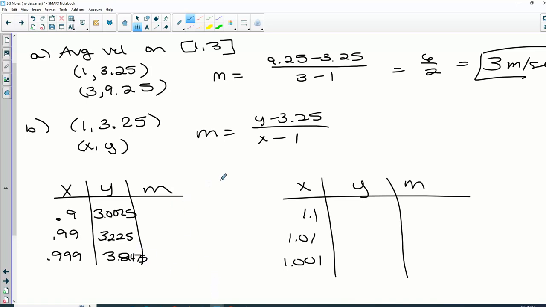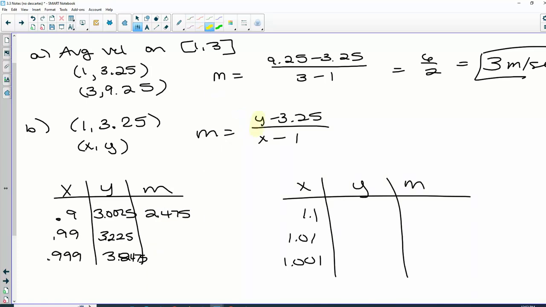Okay, so then my slope, I'm doing each of those, so 3.0025 minus 3.25 over 0.9 minus 1. Okay, is everyone with me so far? Oh, we're just subtracting from the original points that we got.